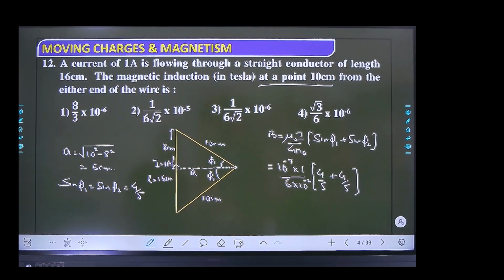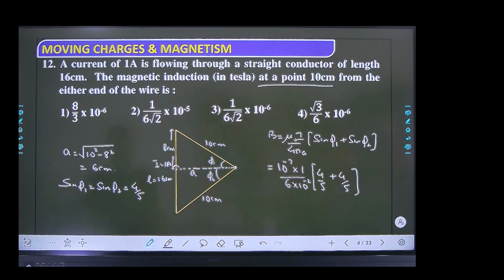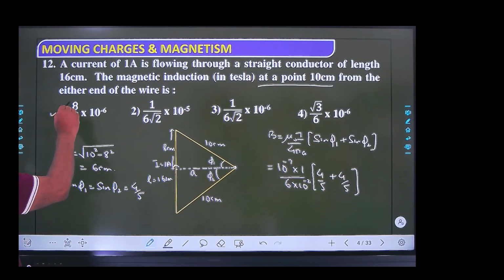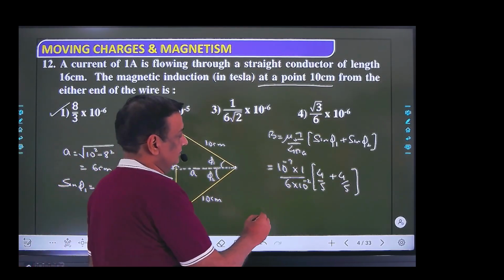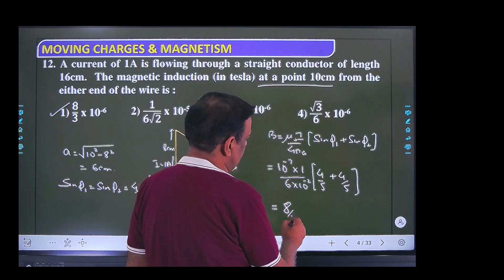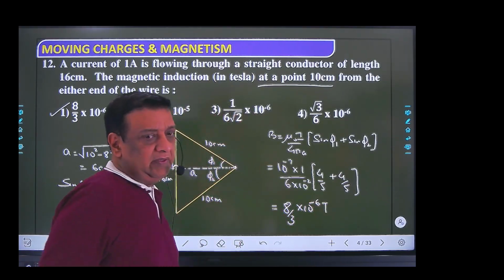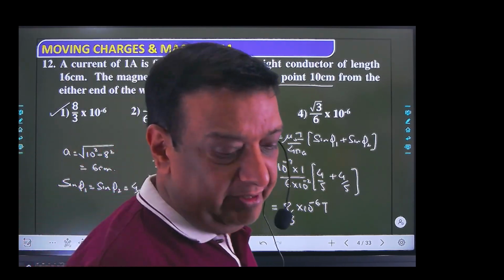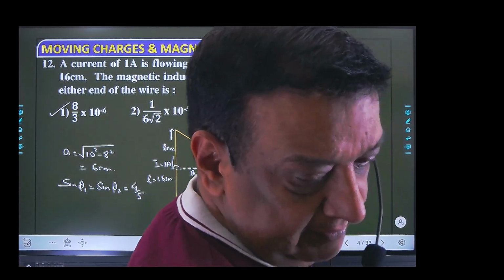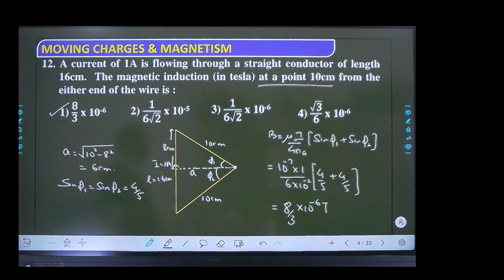Solving, you will get 8 by 3 into 10 raised to the power minus 6 Tesla. Clear again?